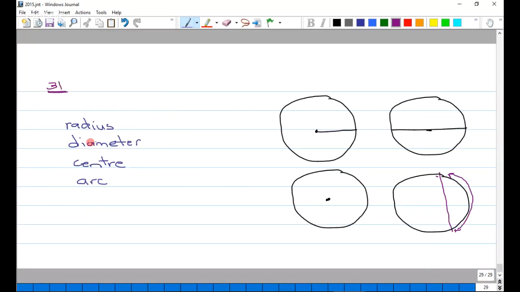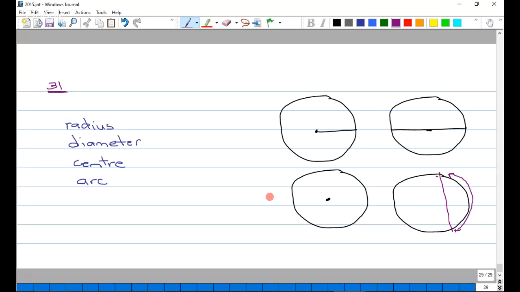Go one more. We have radius, diameter, center, and arc. How do we apply those to the circles? Which one is the radius? The radius is the first one.